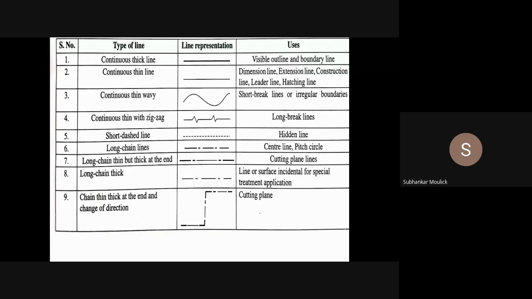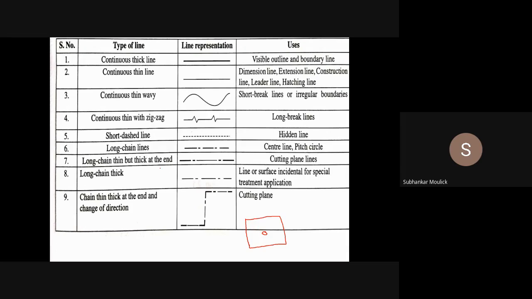For example, I have drawn a square. Definitely a square has some center. Assume that this is the center. Then there is a central line in the square.